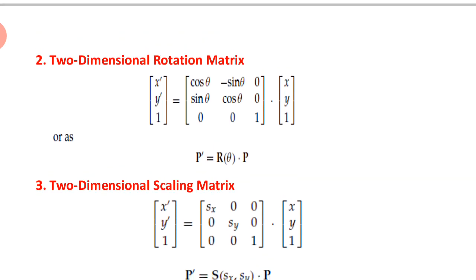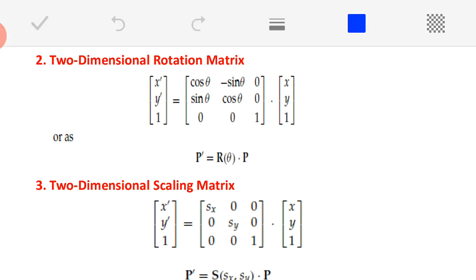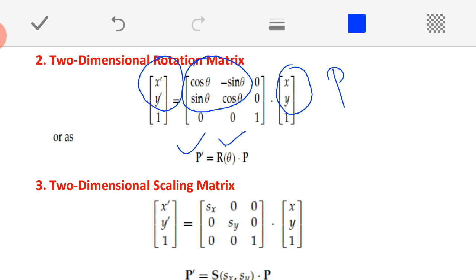See there, now we represent it in 3 cross 3, because we are using the homogeneous coordinate system, do remember. Just recall our previous normal 2D rotation. We had only the original point P, x comma y. The normal simple 2 cross 2 matrix for rotation was cos theta, minus sin theta, sin theta, cos theta, and the rotated point was x dash comma y dash, that is P dash.